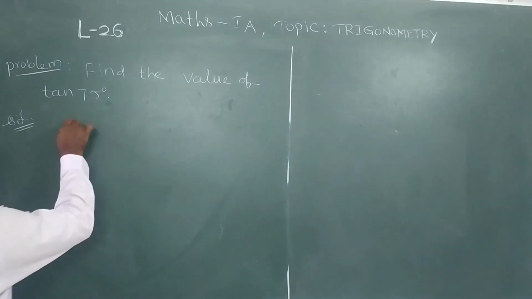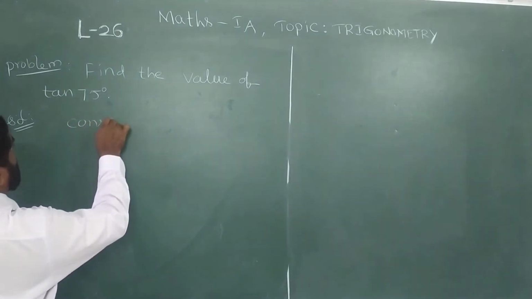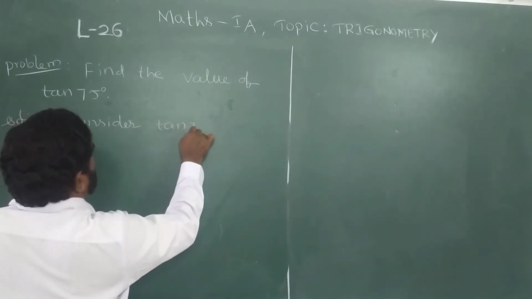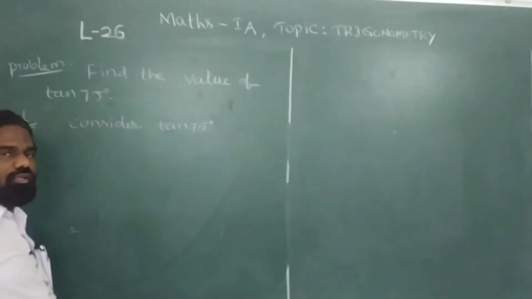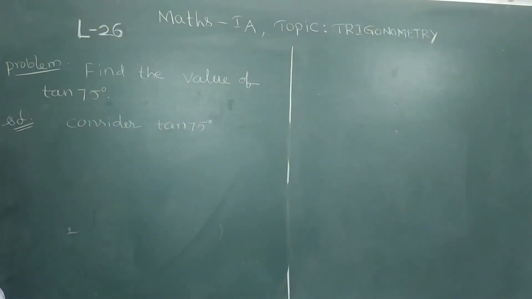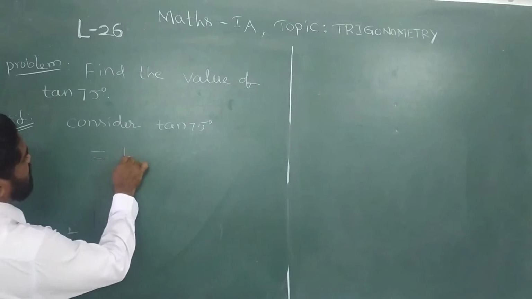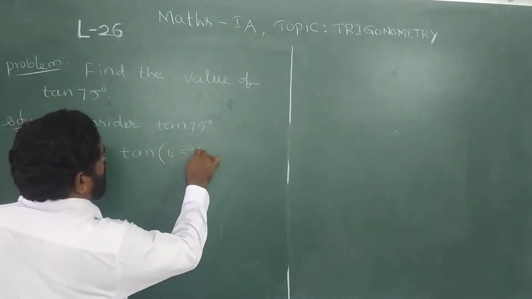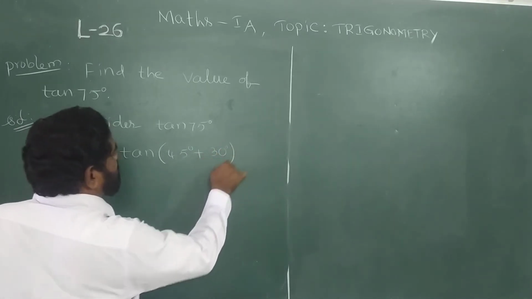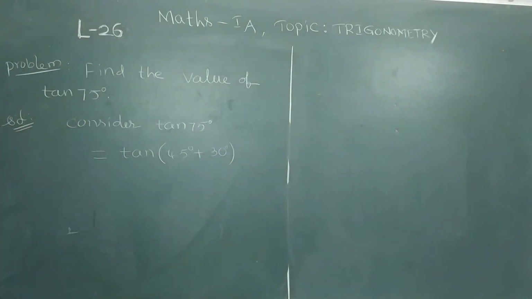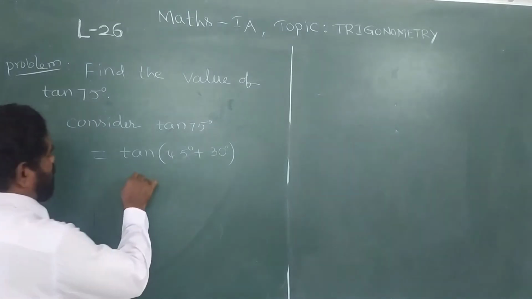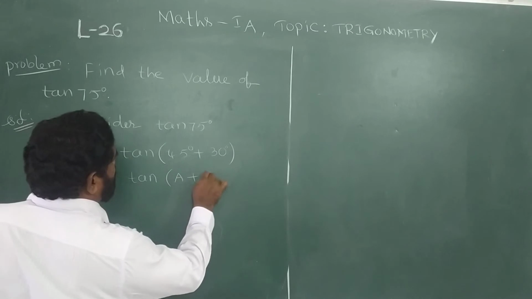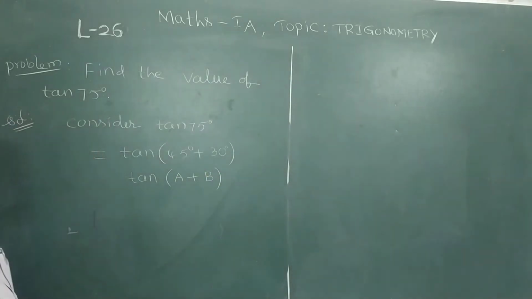Consider tan 75 degrees. This tan 75 degrees can be written as a sum of known angles, 45 plus 30 degrees. Now this is in the form of tan of A plus B. Understand?